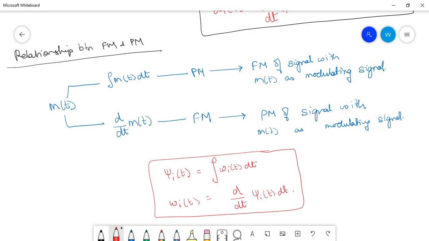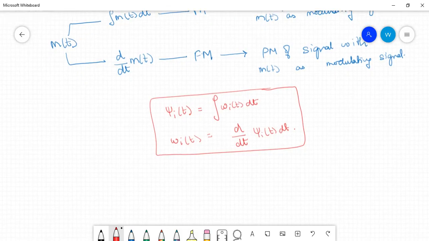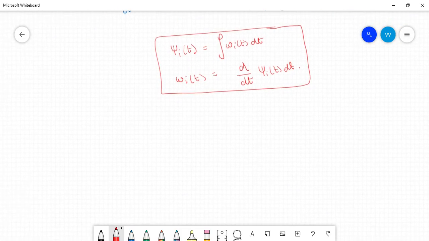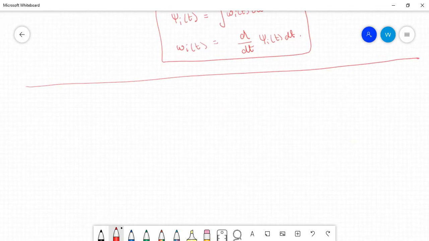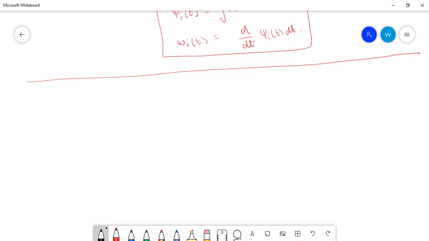Now, the next part we have to see is the modulation index of your FM, the modulation index of the frequency modulation wave. Modulation index basically means the extent to which the modulating signal is changing the carrier.